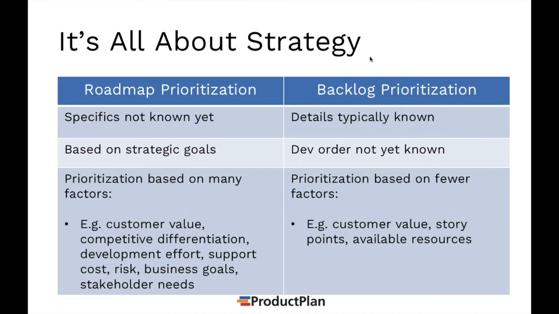It's about trying to prioritize based on all of the factors that we as product managers prioritize on. We prioritize based on things like customer value or customer delight, competitive differentiation, and what's happening in your market, the development effort, and again, that's often at a very high level. Things like internal metrics such as support cost come into play.